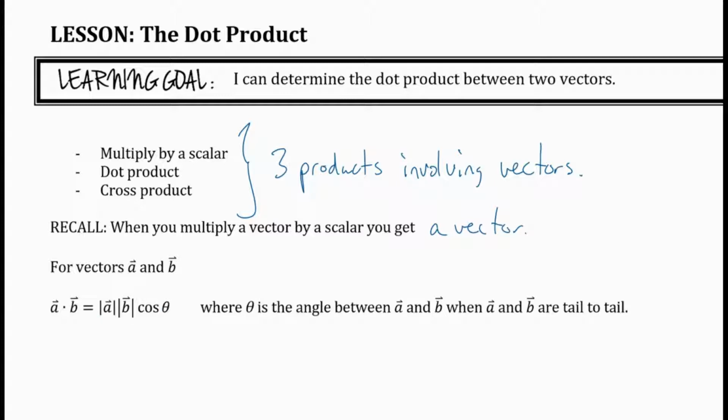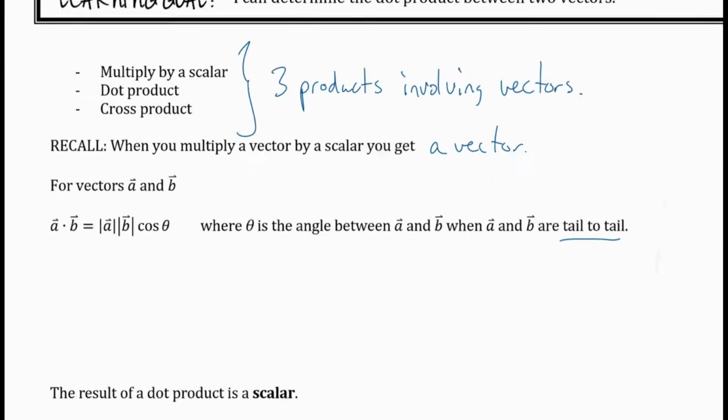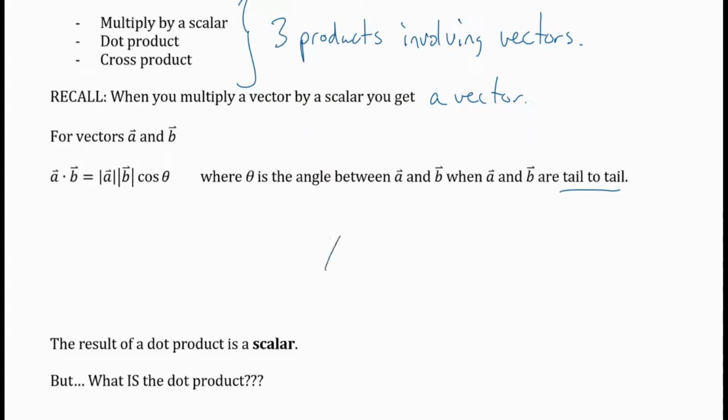Theta is always defined as the angle between A and B when they are set tail to tail. So if I have 2 vectors A and B, I'm going to try to draw this nicely. I set them up tail to tail, and theta will always be the angle between them, just like that.